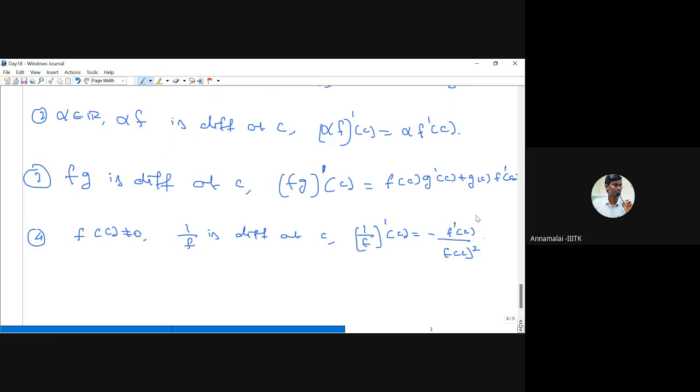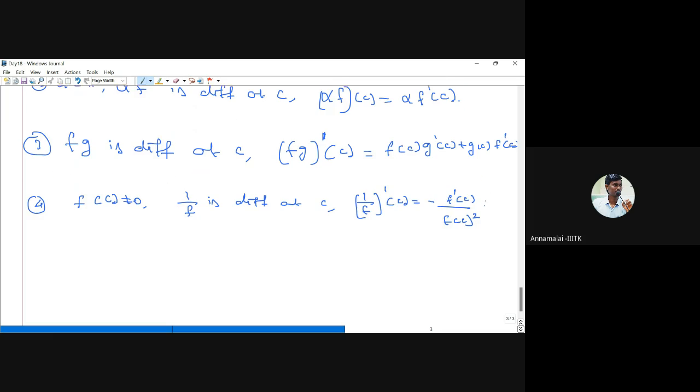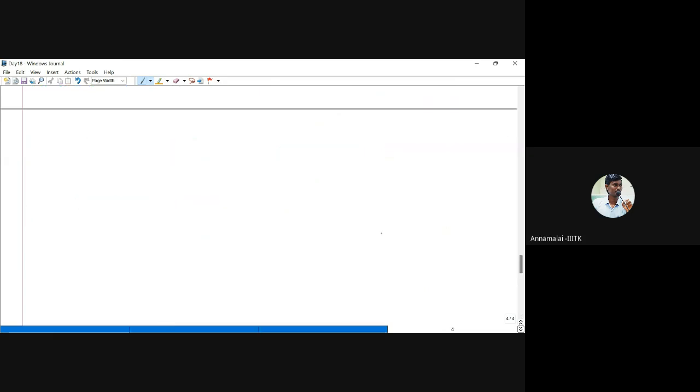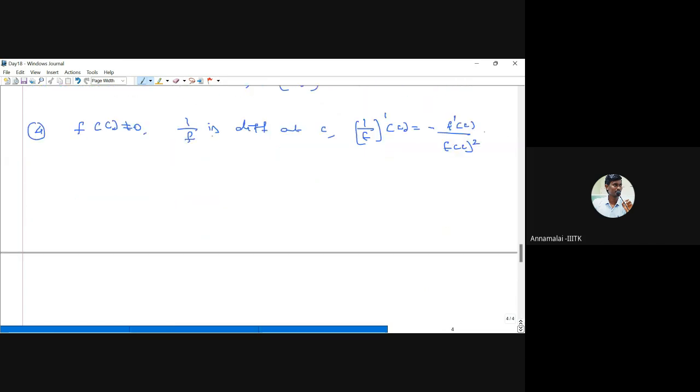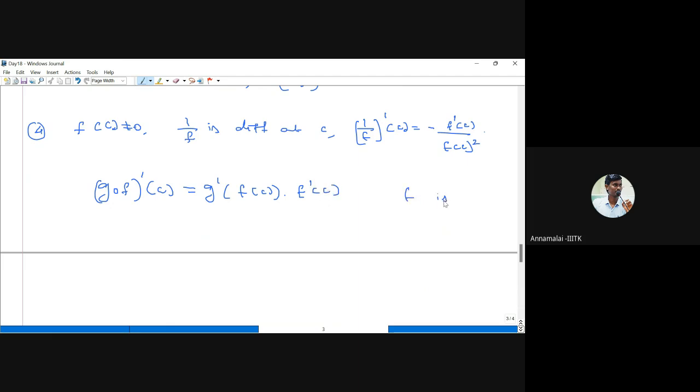Okay, so similarly the chain rule says that the composition of two differentiable functions is differentiable at c. We already discussed the continuity of this, I think, but what is the derivative of the composition of two functions? The derivative of g composition f at the point c is nothing but g dash of f of c into f dash of c, where f is differentiable at the point c, and g is differentiable at f of c.